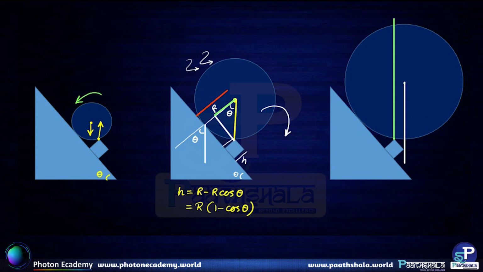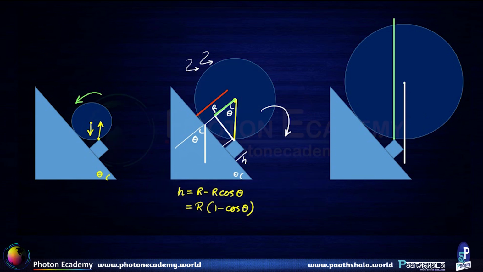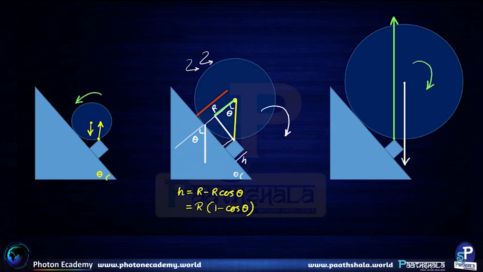So if we can analyze, it is very simple to understand that normal reaction is acting upwards and gravity is acting downwards. So the combination of normal reaction and gravity is going to produce a clockwise torque, and there is nothing to stop this clockwise torque, and hence this object is definitely going to topple even if it is kept at rest.